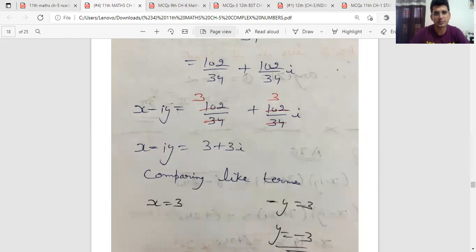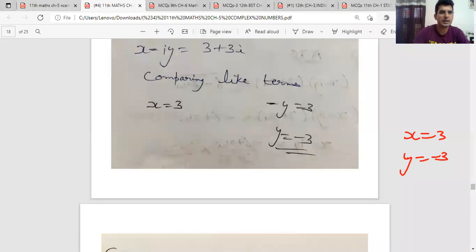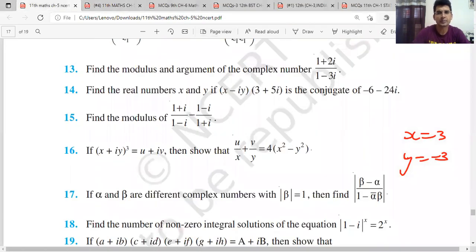So by comparing these terms, x will be equal to 3 and minus y will be equal to 3, that is y is equal to -3. We had to find the real numbers x and y if this number is the conjugate of this. The value of x is 3 and the value of y is -3.